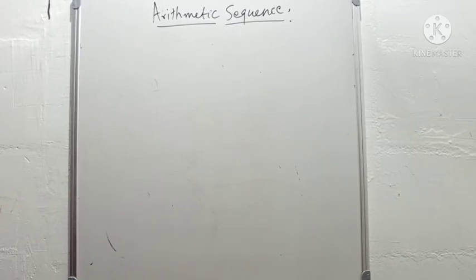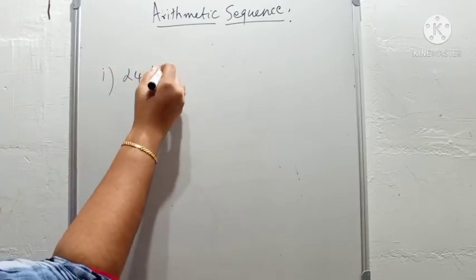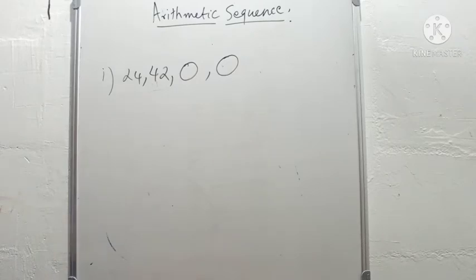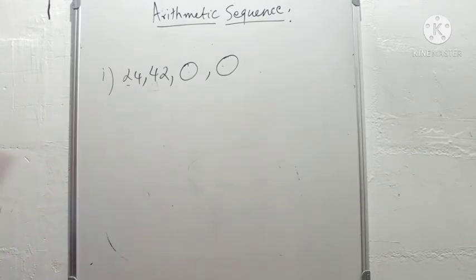First problem: in each of the arithmetic sequences below, some terms are missing and positions are marked with a circle. Find them. The first question is 24, 42 and the next two circles. We need to fill up the circles. What is the common difference here? This is an arithmetic sequence, so the common difference exists.